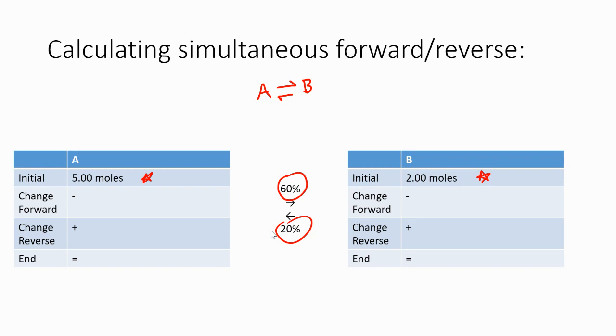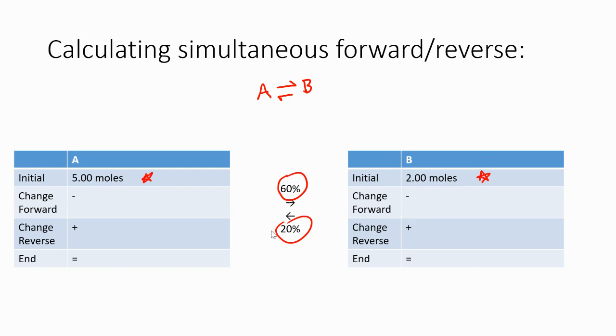Now, you could make this math much harder for yourself and probably and definitely incorrect if you overthink it. So what I'm about to say is really, really important. We know that the forward and the reverse reactions are happening simultaneously.